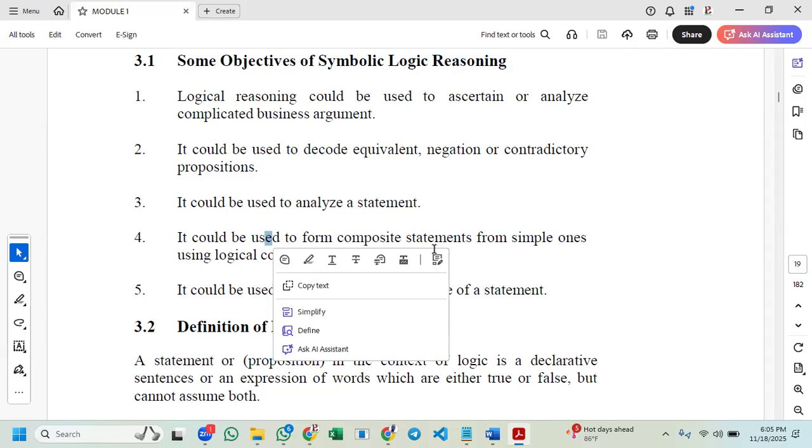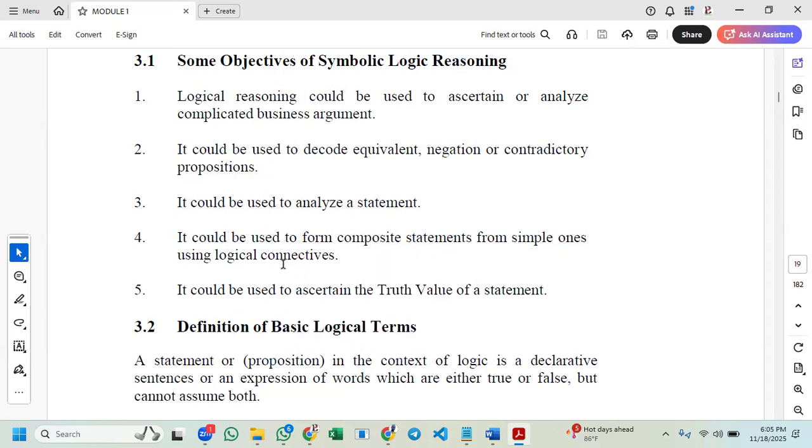Another way they ask it is that symbolic logic reasoning could be used to form composite statements from simple ones using dash. Are you seeing it now? Using logical connectives. So you should know all those statements.